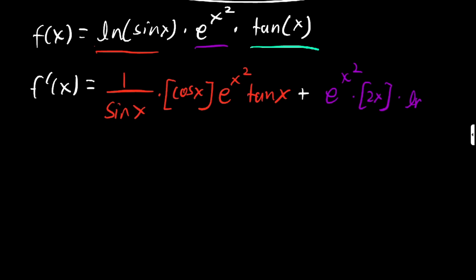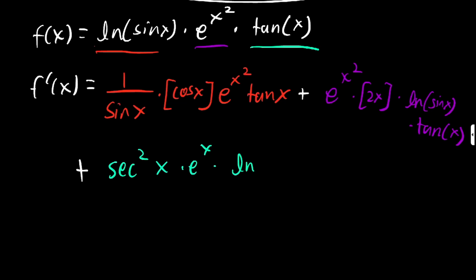But now we need to multiply our other terms. So ln of sine x times tangent of x. And lastly, we're going to add our final term where we have the derivative of tangent of x, which is just secant squared x times e to the x times ln of sine x. And that's it, we're done.